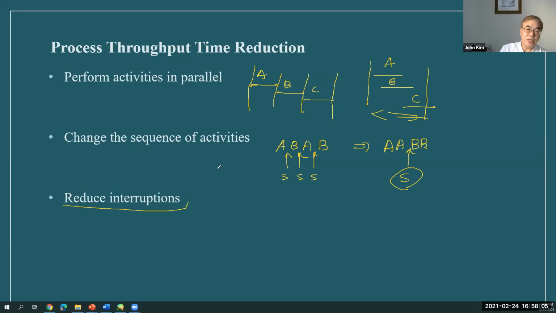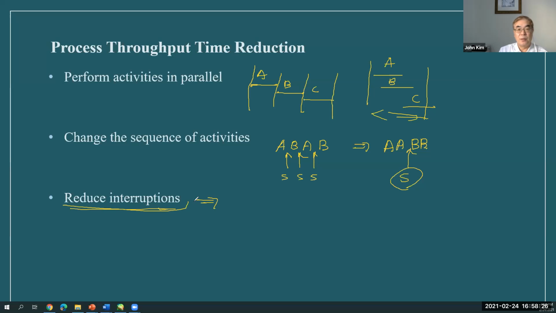The causes of interruption are malfunction, breakdown, and so on. So we need maintenance. To reduce interruption, we need maintenance or preventive management.